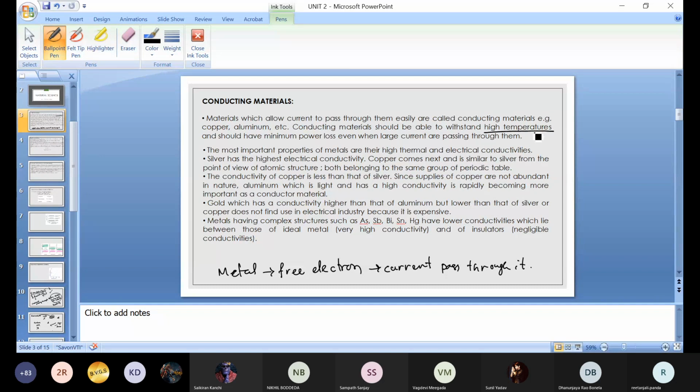Why high temperature? Whenever electricity passes through a material, heat is generated in the material.